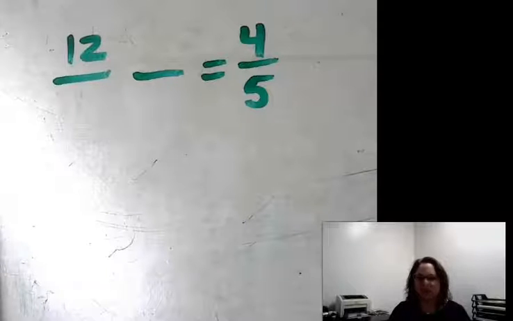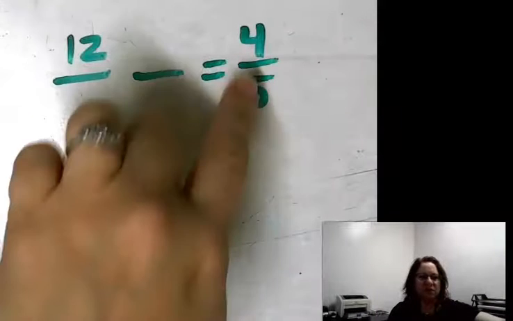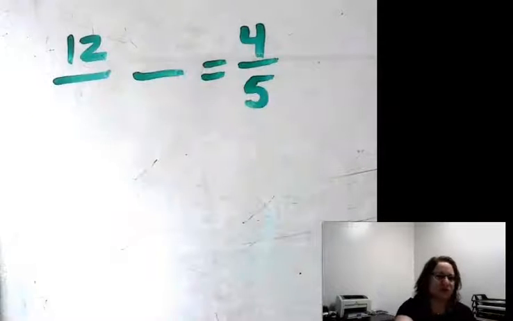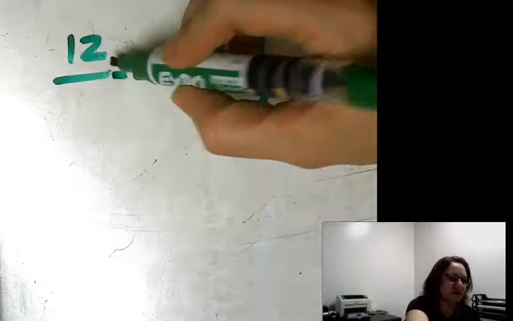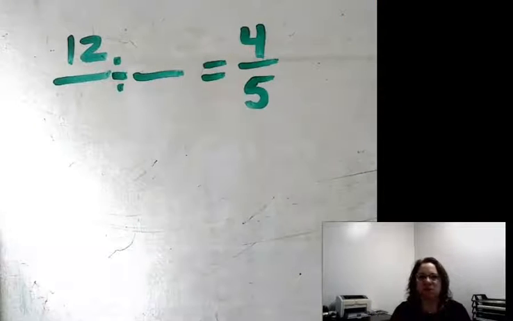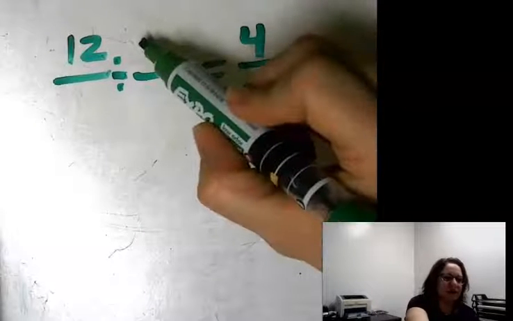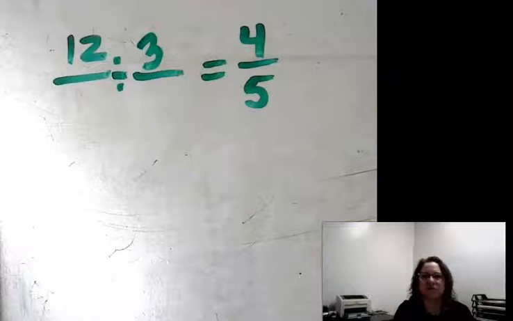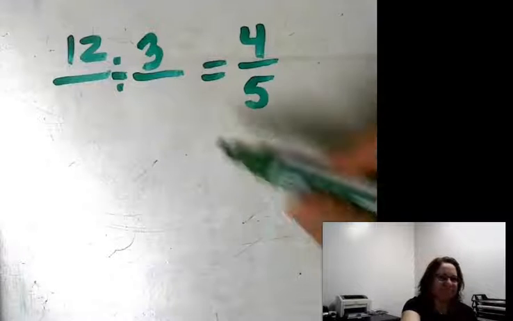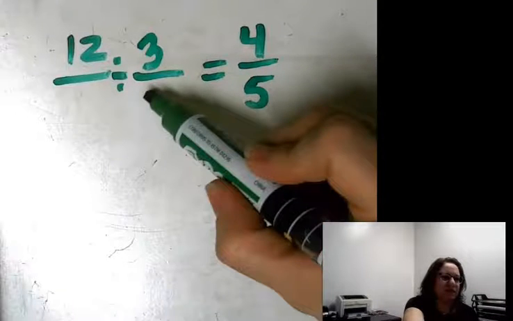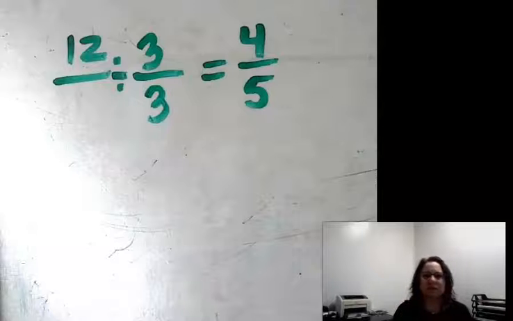Okay, so when we're dividing, and the number's getting smaller, to get from 12 to 4, that's division or repeated subtraction, right? So we're dividing 12 divided by 3 equals 4. So if I do it here, I've got to do it there.